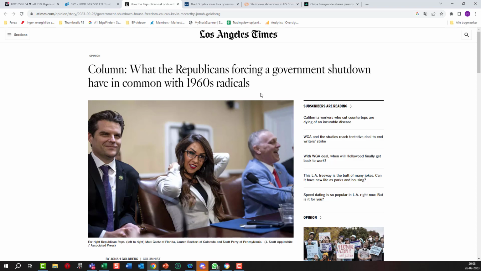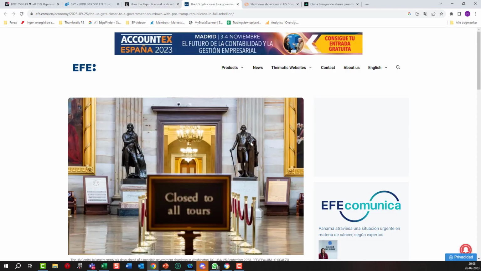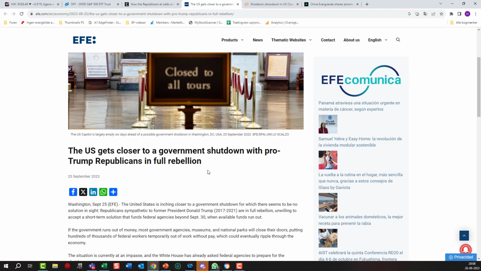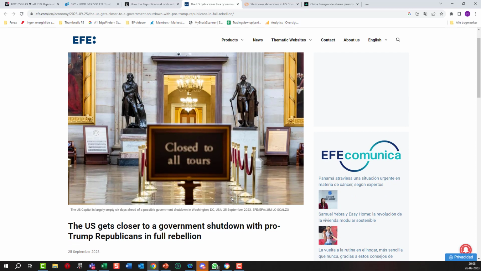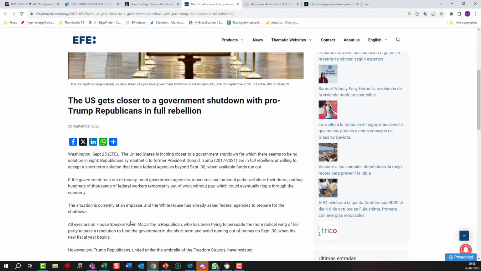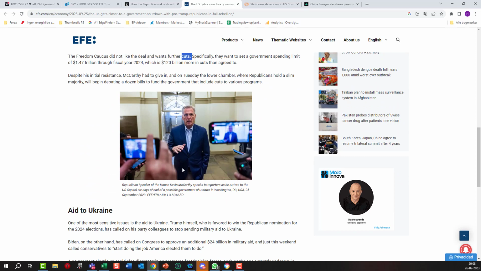And the problem right now is someone that calls himself the Freedom Caucus. In the Congress in the United States, there's a Senate and there's a House. And in the House, the Republicans have the majority, but only by four votes, four persons. And that is a problem, because last time they had to figure out who should be the Speaker of the House, they had a hard time, and the vote ended on Kevin McCarthy.